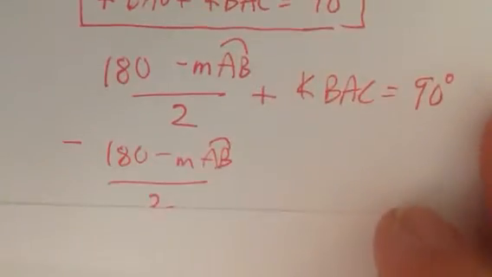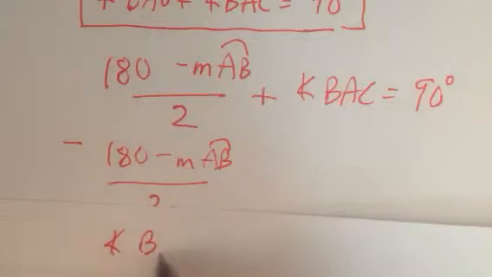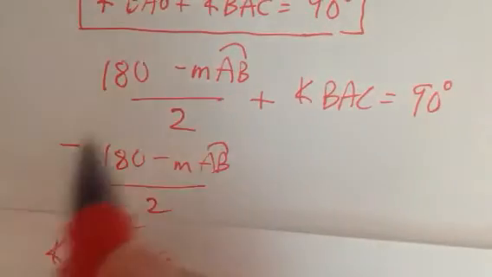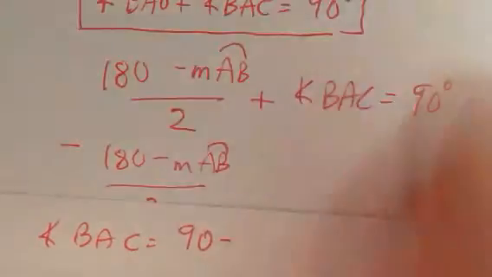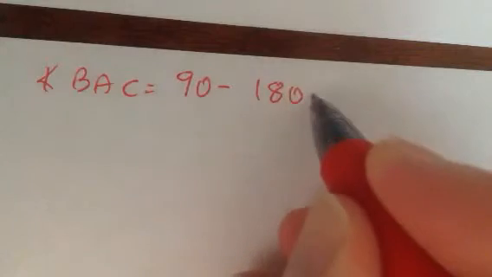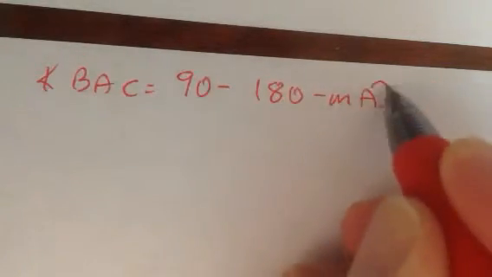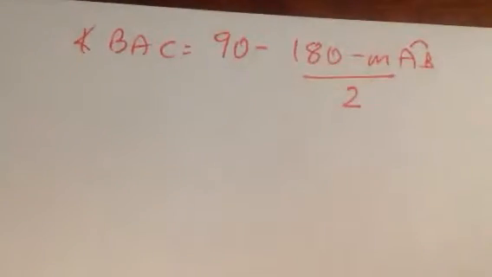That will leave us with just angle BAC on the left. And then we will subtract this from the right side to give us equals 90 minus 180 minus measure of arc AB over 2. Okay, so this is our equation so far.